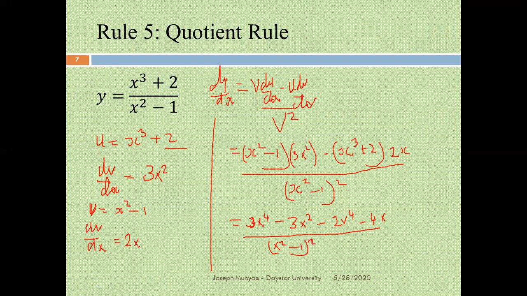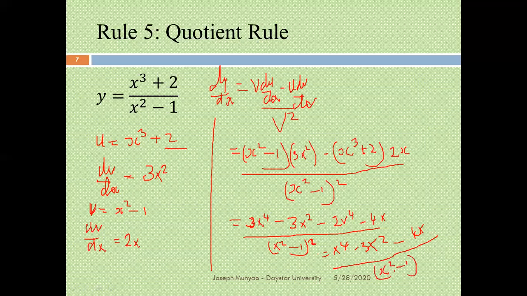If you are to further simplify that, if I collect the like terms together, the top I'll get x power 4, because the 3 and the 2 will leave me with that. Then minus 3x squared, then minus 4x, then everything divided by x squared minus 1, all that squared, that being the answer.